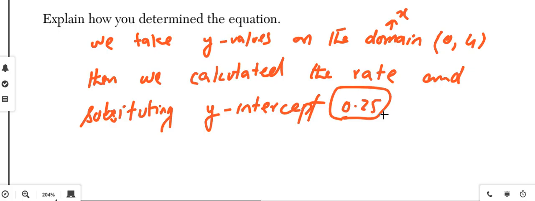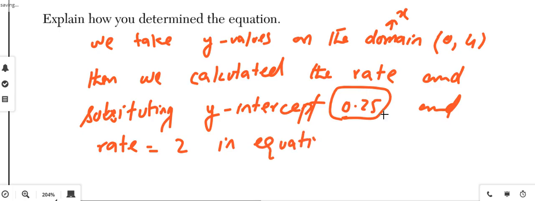So the y-intercept is 0.5, and then we substitute the y-intercept 0.5 and rate 2 in the equation, which is y equals P times r raised to the power of x.